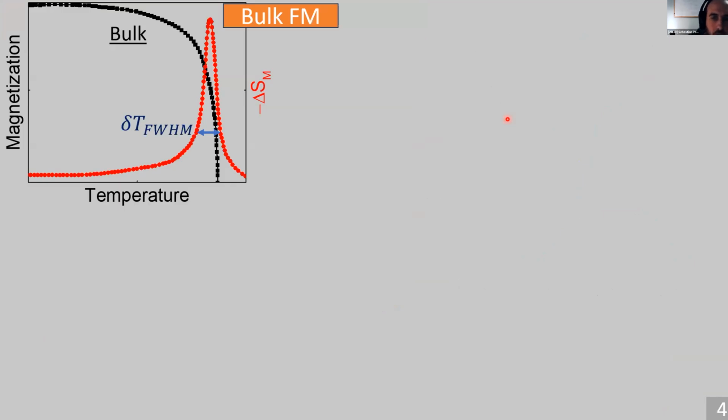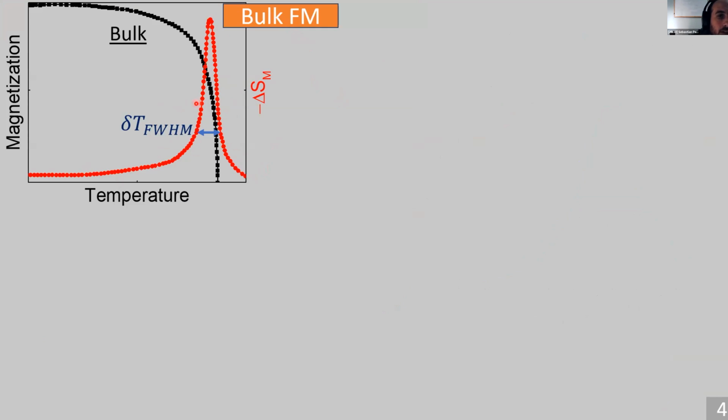So to summarize some of the things that are known in the magnetocaloric world, when you work with a bulk ferromagnetic material, you have an entropy change curve like this in red, which is a narrow curve.